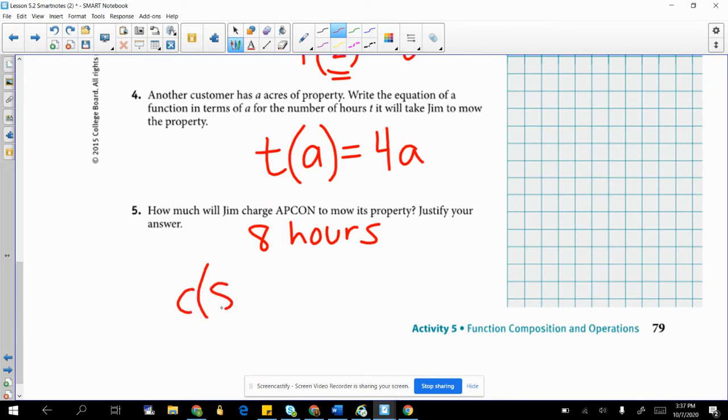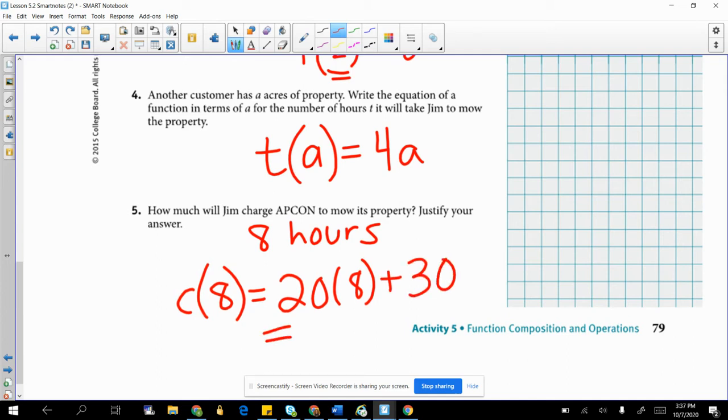So now we would do C of 8, which would then give us 20 times 8 plus 30, which would equal $190. So that's how much Apcon is going to be charged to mow their 2 acres of land.